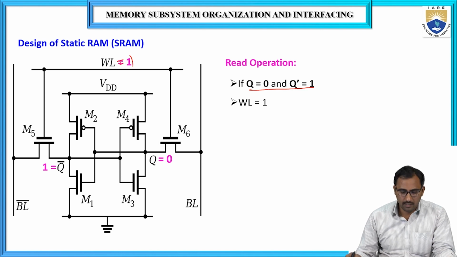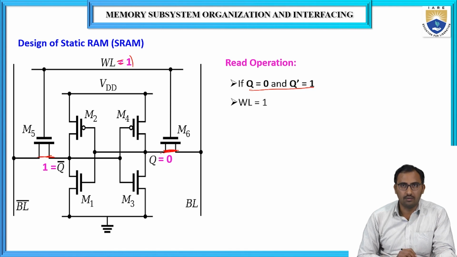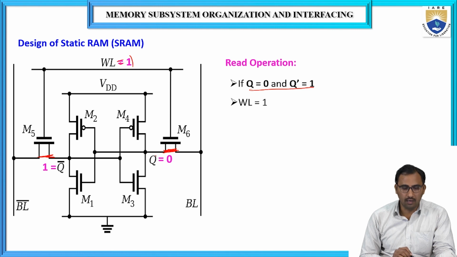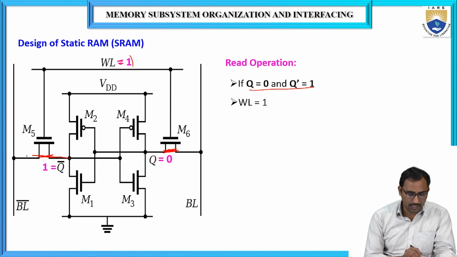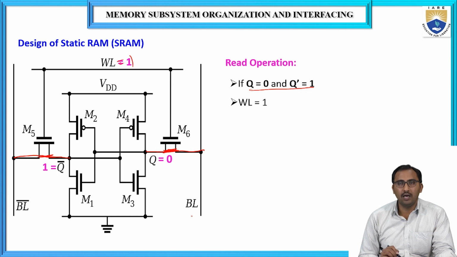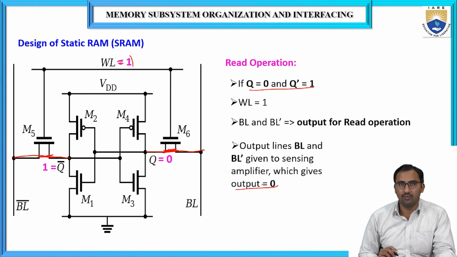Then the M5 and M6 transistors will be turned on because we have applied a logic 1, so Q bar will be connected to BL bar and Q will be connected to BL. We give the BL and BL bar lines to the sensing amplifier. Then the sensing amplifier output will be logic 0.